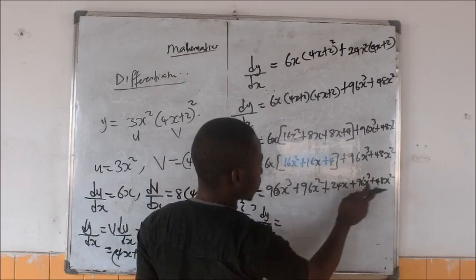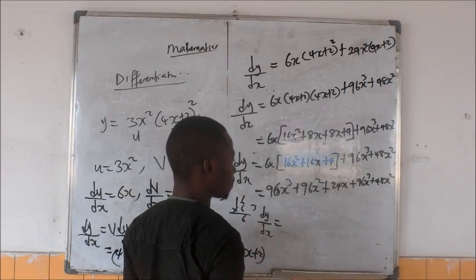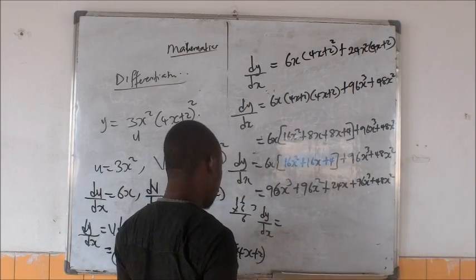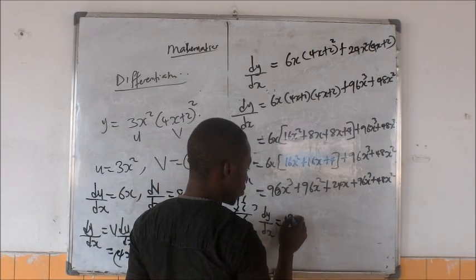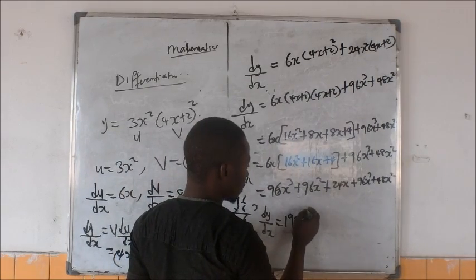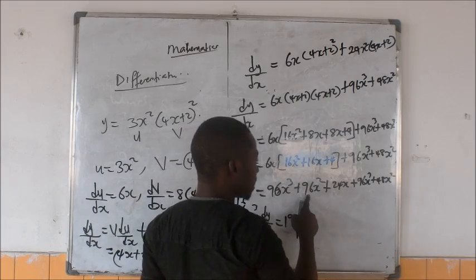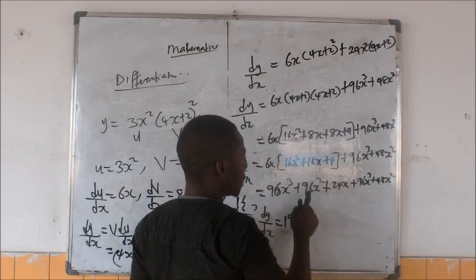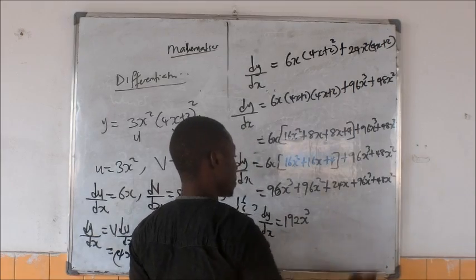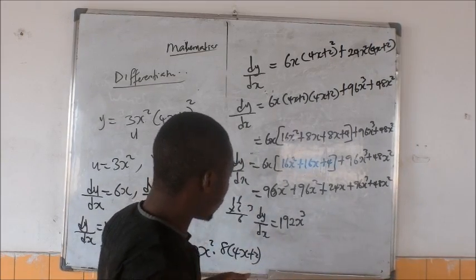96x raised to power 3 plus 96x raised to power 3 will give you what? 96 plus 96 will give you 192. 192x raised to power 3. 96x squared plus 48x squared gives you what? That's 96 plus 48, which gives you 144.